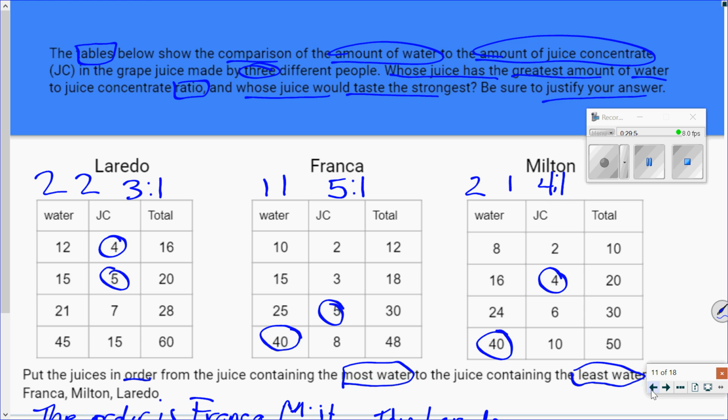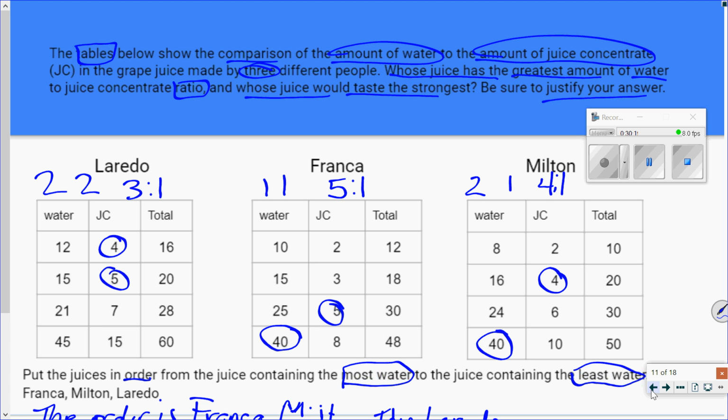The water and the juice. And then how did we use that to determine the order? How did you determine that Franca had more than Laredo? Parker?